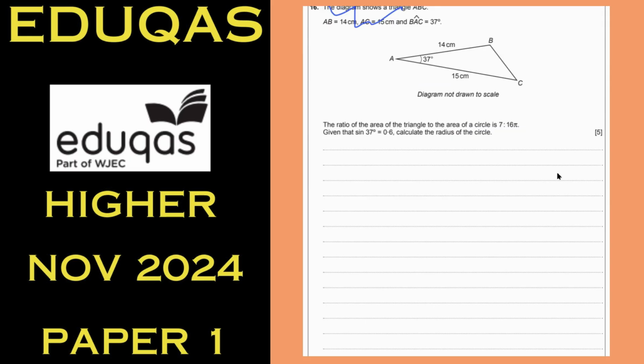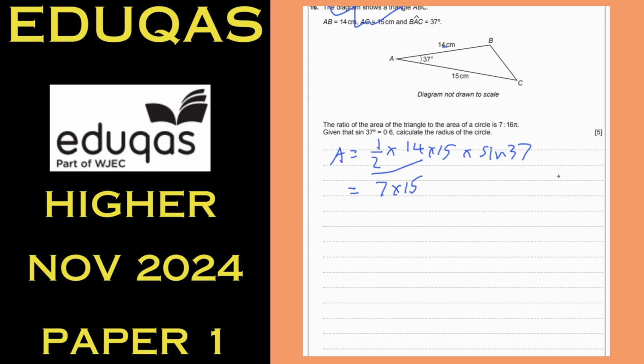Don't worry about it. Worry about the fact you've got a triangle and you've got a formula which is a half ab sine C. A half times, you've got 14 and a 15 either side of a 37-degree angle. Well, a half times 14 is 7.